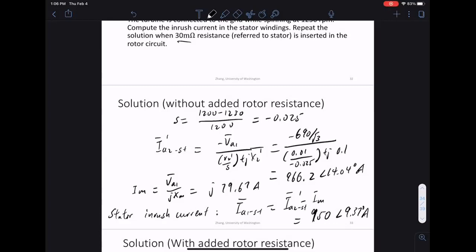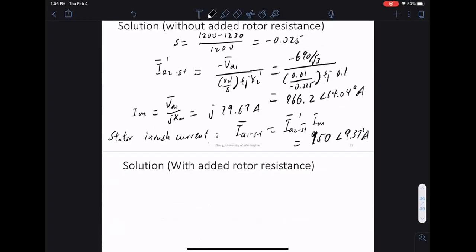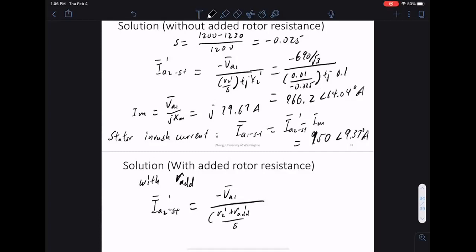So this is without the added resistance. We can repeat the calculation with the added resistance and see what happens. With our R add, then our IA2, we just have this R add in the equation.